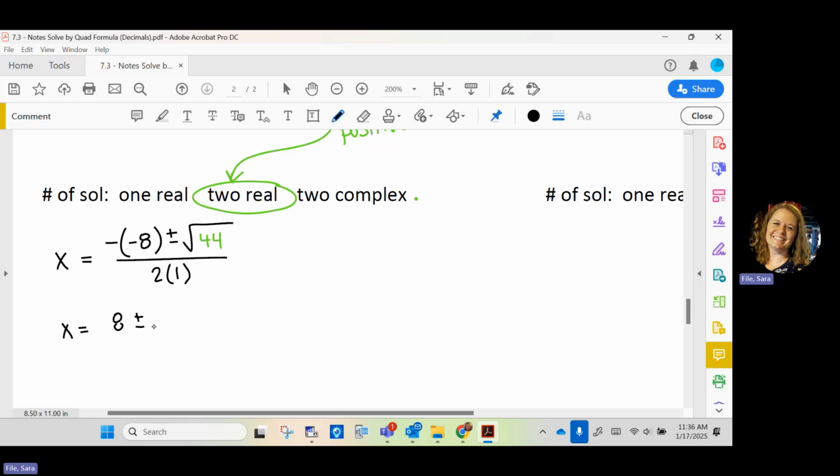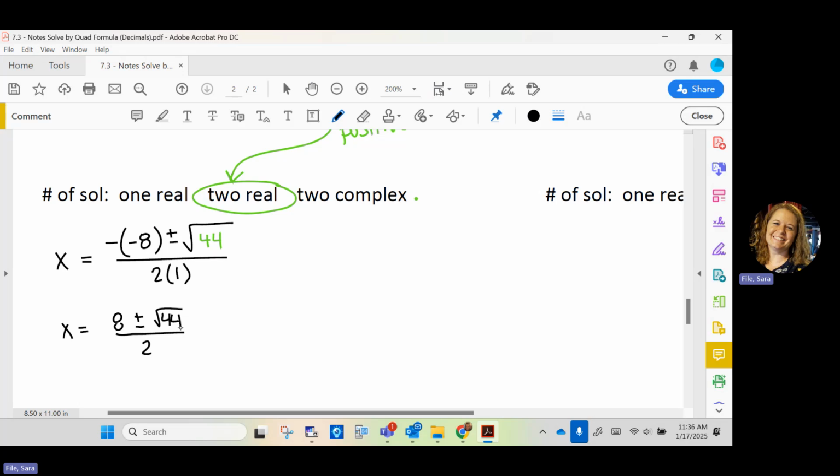Now 44 is not a perfect square. I can't take the square root of 44 and get a nice pretty number. In my denominator, I can go ahead and multiply 2 times 1. That's just 2. But I don't know the square root of 44 off the top of my head, so I will go ahead and use my calculator and get it as a decimal.